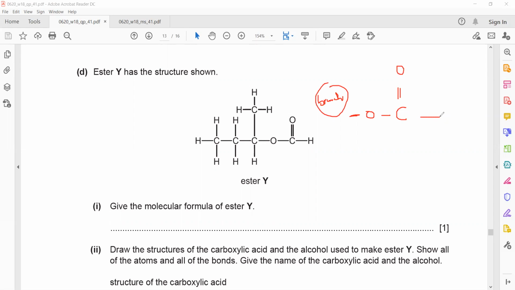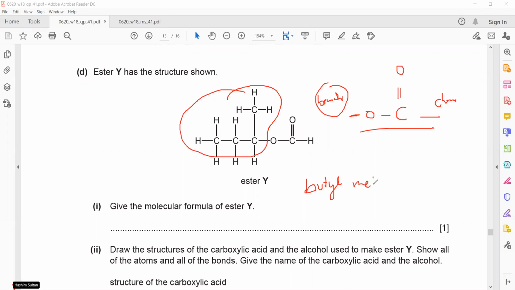And the part which is connected to the C double bonded with O carbon is the main chain for esters. So this whole is a branch. Because this branch has 4 carbons, it is butyl. And 1 carbon is there, so it is meth, single bond an, and oate.